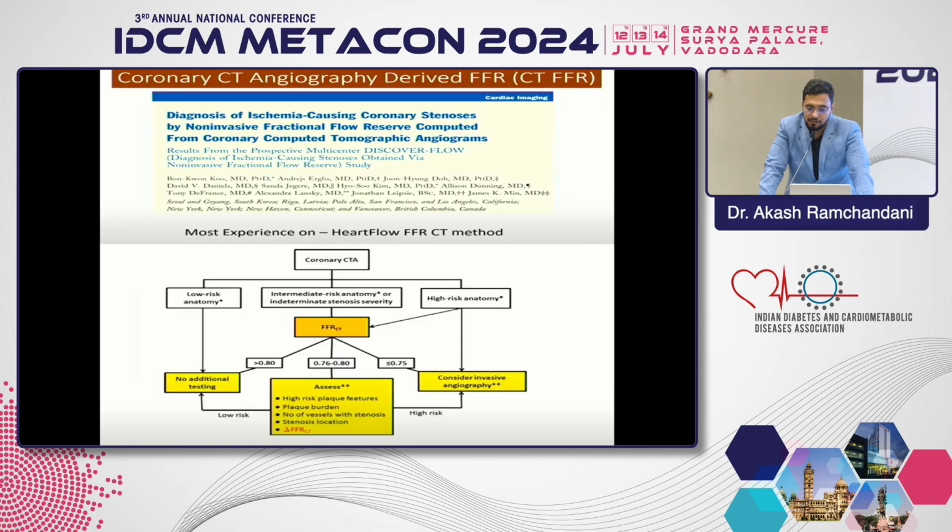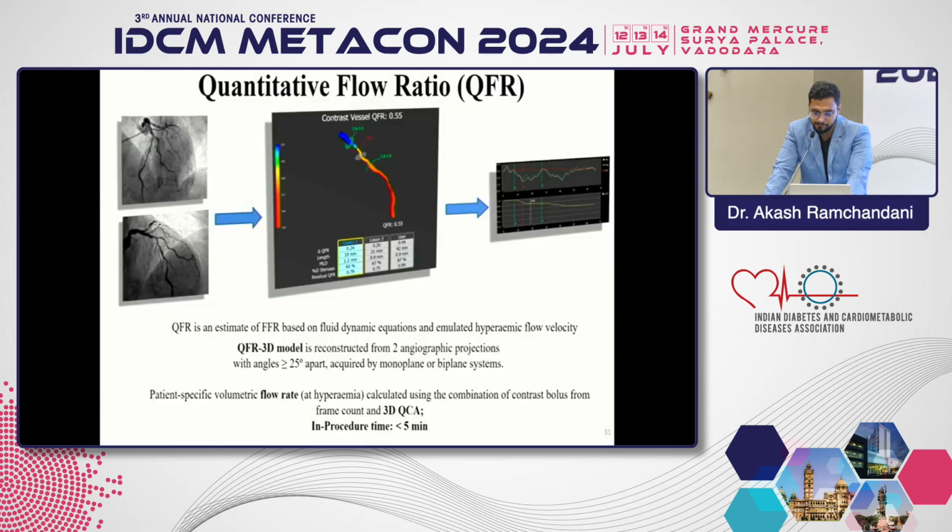Other than these imaging parameters, non-invasively we can do CT coronary-derived FFR also. This is similar to invasive FFR. If the CT FFR value is less than 0.75, we have to consider invasive angiography. If it is more than 0.8, we do not need additional testing. But if it is in the gray zone, then we have to assess the patient's condition.